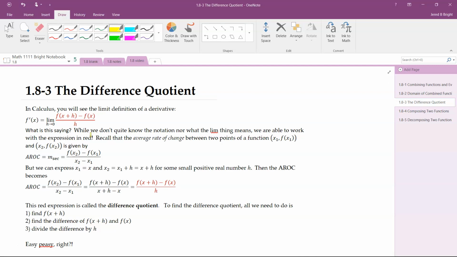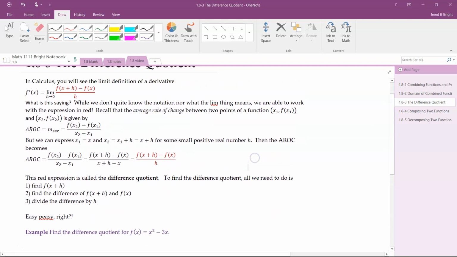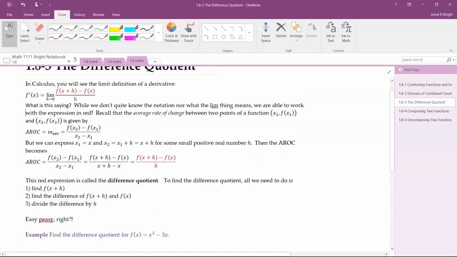Hey, great. So now here we kind of want to know where this came from, perhaps, because we're curious. And so the idea is that we look at the average rate of change, right? And we say, okay, well, that we know is the slope of the secant line, and we know how to calculate that given 2 points on a function.